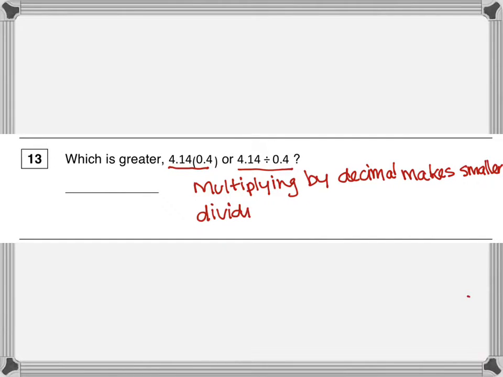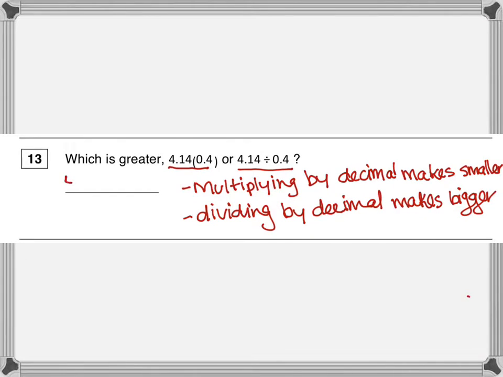Dividing by a decimal makes bigger. This is an interesting rule. It's something that you can either remember or you will need to take the time to solve these problems each time. So, which is greater? It is 4.14 divided by 0.4. That one is greater.